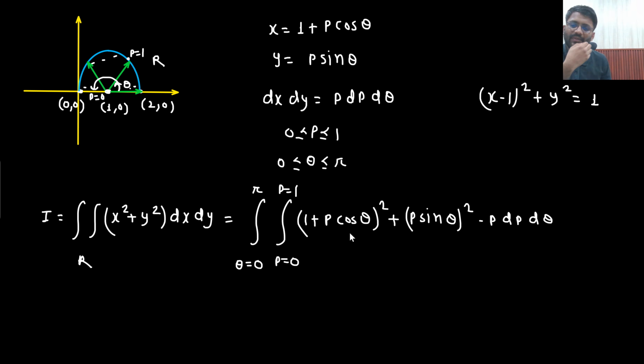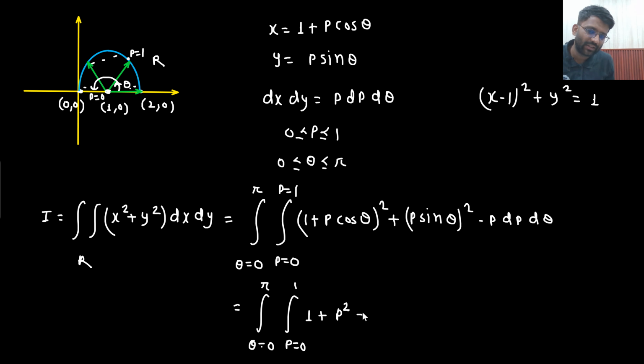So this will be 1 plus p square cos square theta plus 2p cos theta. So what will you be getting? Theta going from 0 to pi, p going from 0 to 1, 1 plus p square cos square theta plus p square sin square theta plus 2p cos theta, multiplied with p dp d theta, right?